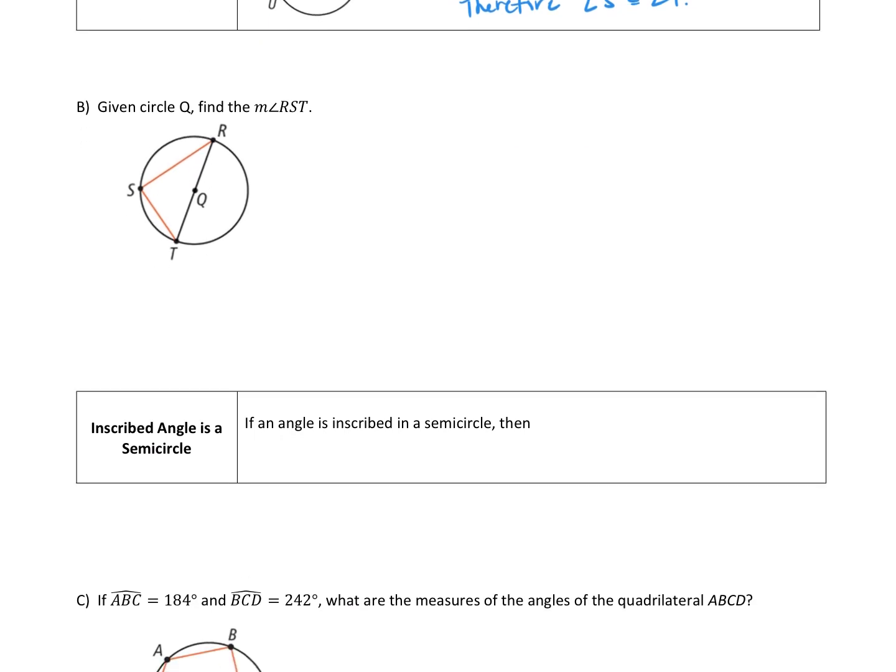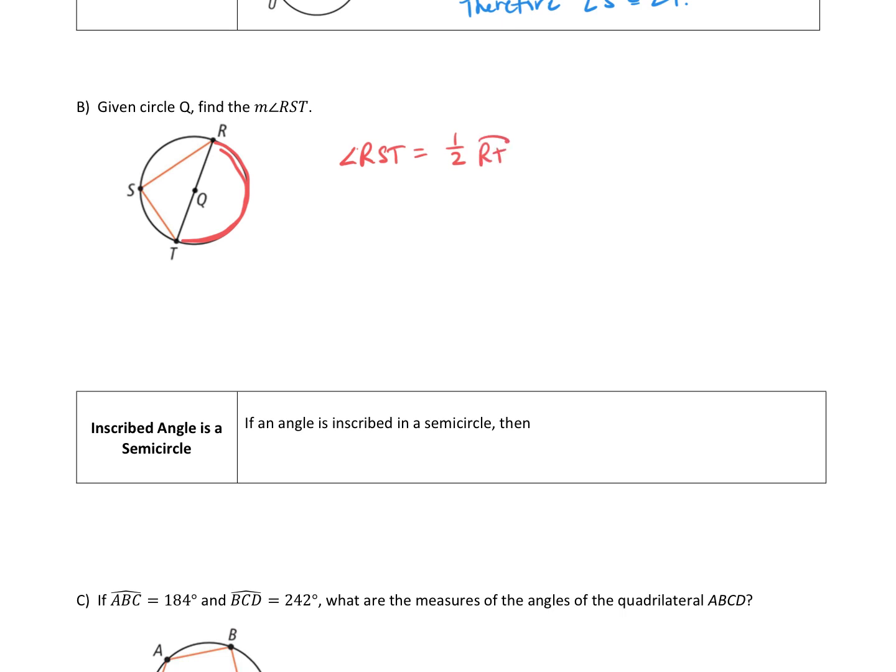All right, part B. Given circle Q, find the measure of angle RST. So angle S is an inscribed angle. If we follow the sides of the angle out, the arc it is intercepting is arc RT. So we know that angle RST, the inscribed angle at S, is equal to half of its intercepted arc, so half of arc RT.